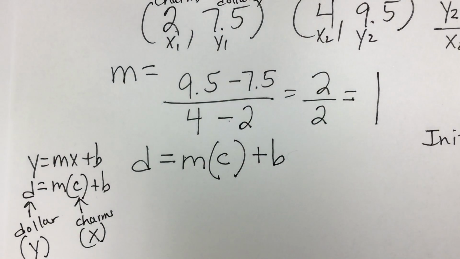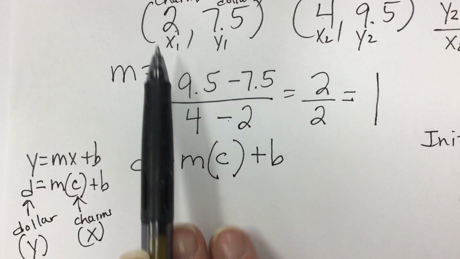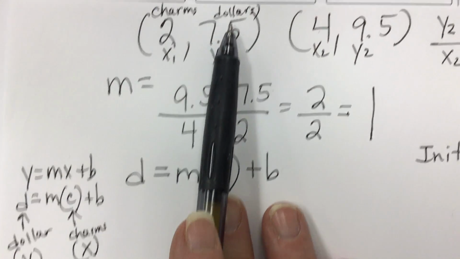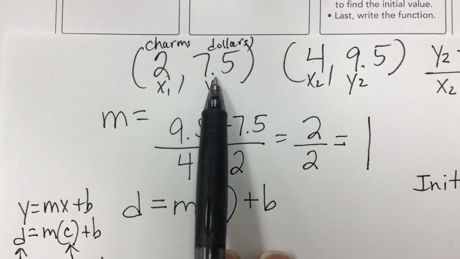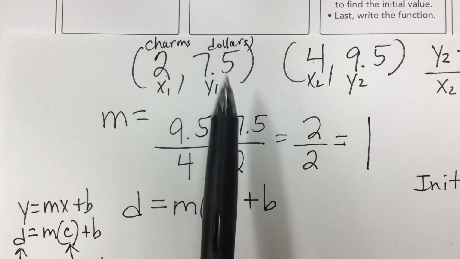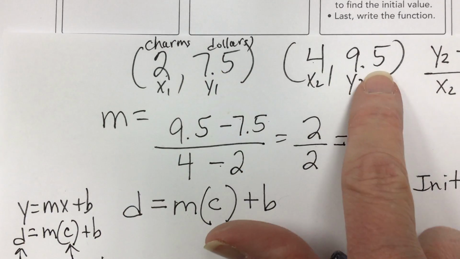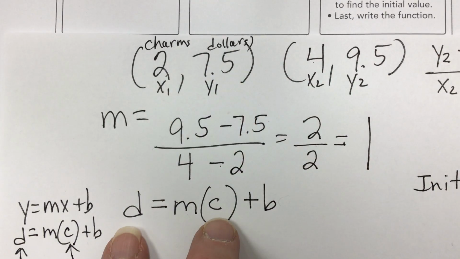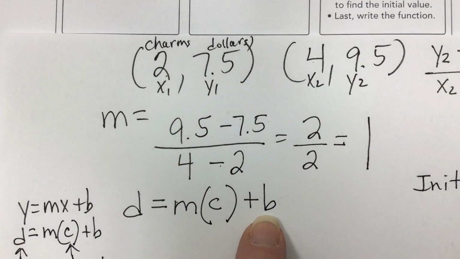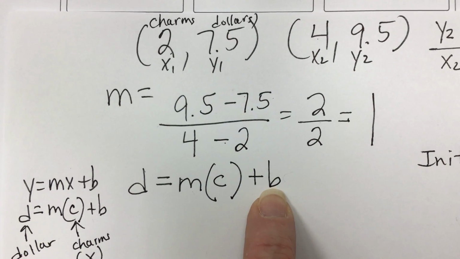But you do need to understand that 2 charms is x, and $7.50 is dollars, that's y. So we can take either point, plug them into D and C, and find B. We're trying to find the y-intercept.